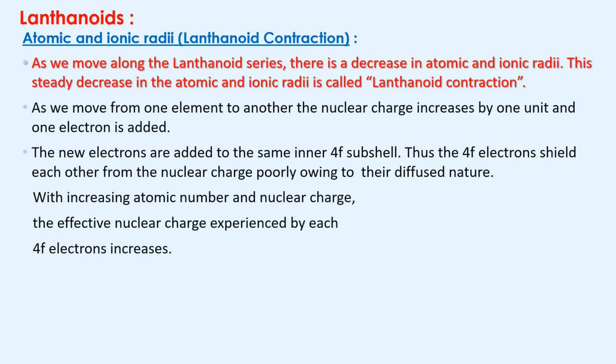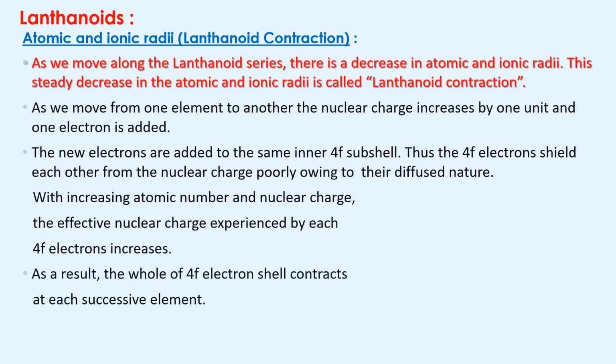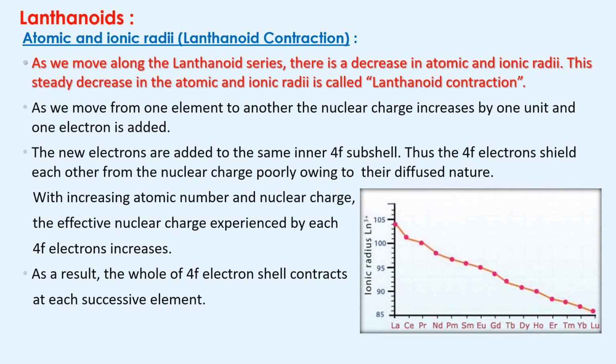The 4f electrons shield the nuclear charge poorly owing to their diffuse nature, so the effective nuclear charge experienced by each 4f electron increases. As a result, the whole 4f electron shell contracts at each successive element. See this diagram.